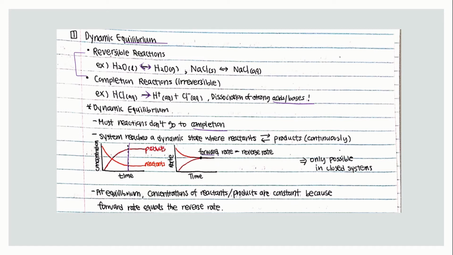So the forward rate, which removes the reactants, is equal to the reverse rate, which removes the products. And these graphs are only possible in closed systems where everything happens perfectly in chemical terms. So at equilibrium, concentrations of reactants and products are constant because the forward rate equals the reverse rate.